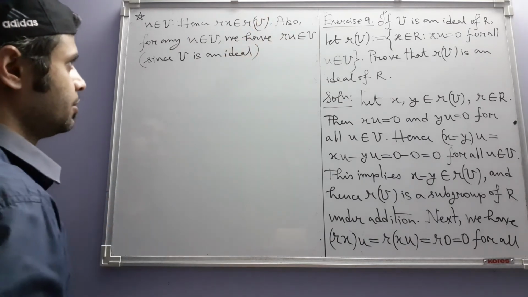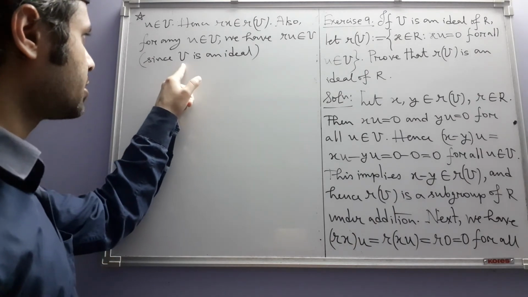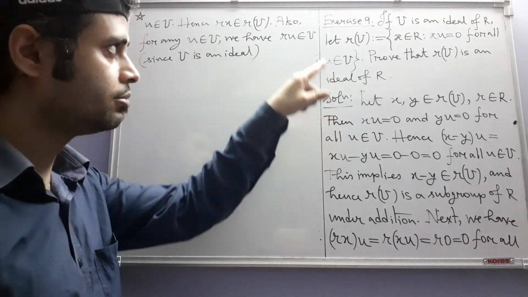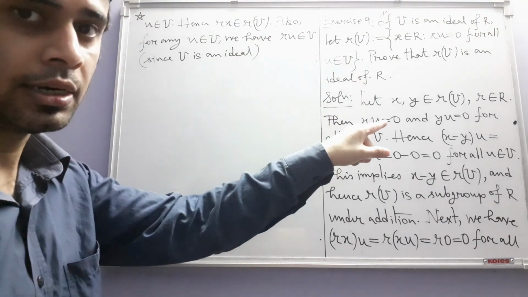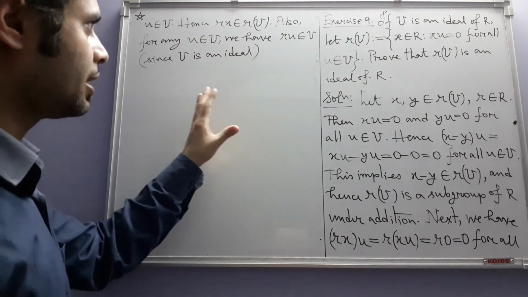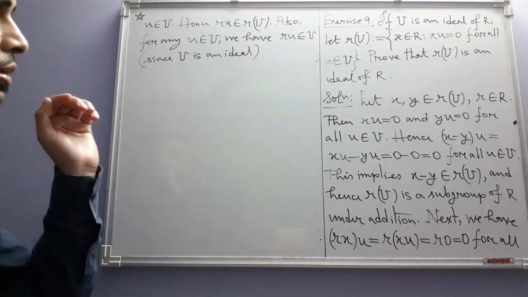Note one thing carefully, that although we are saying here that U is an ideal, a two-sided ideal, we are not using the fact that U is an ideal fully. I mean, we don't need everything.